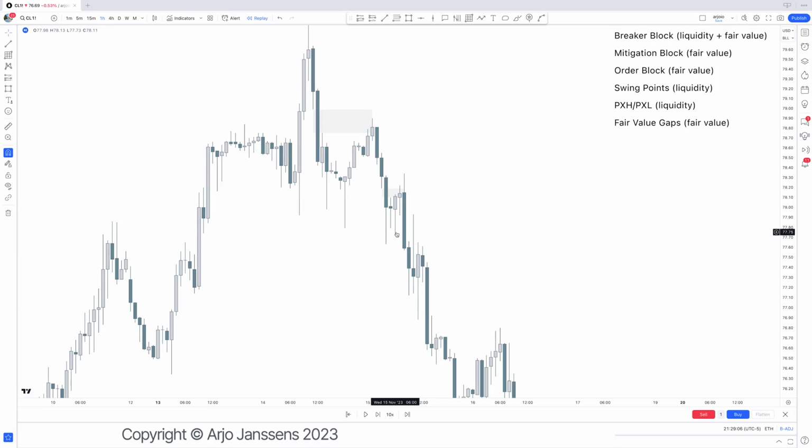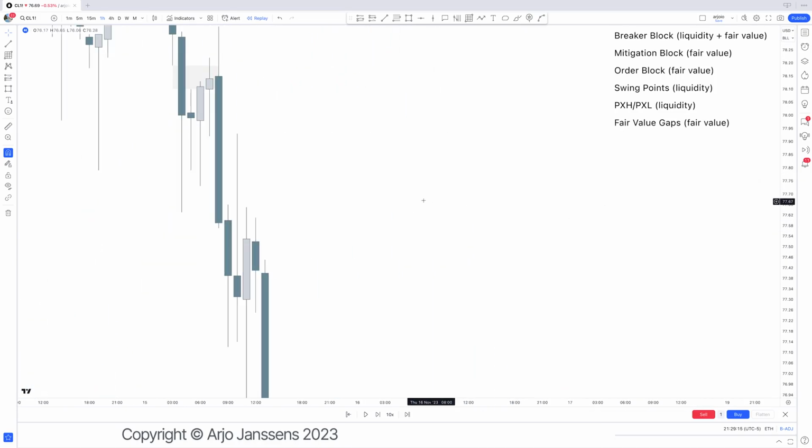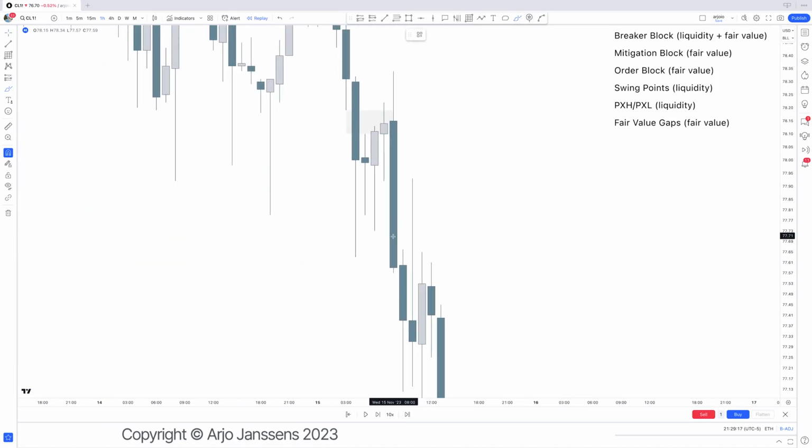That is when you want to see if it's overlapping with a fair value gap. If the exact wick low, so the exact smallest point right there, the exact tip right there, is overlapping with the fair value gap, so there's a fair value gap right next to it, or at least this area right there leads into a fair value gap right there.